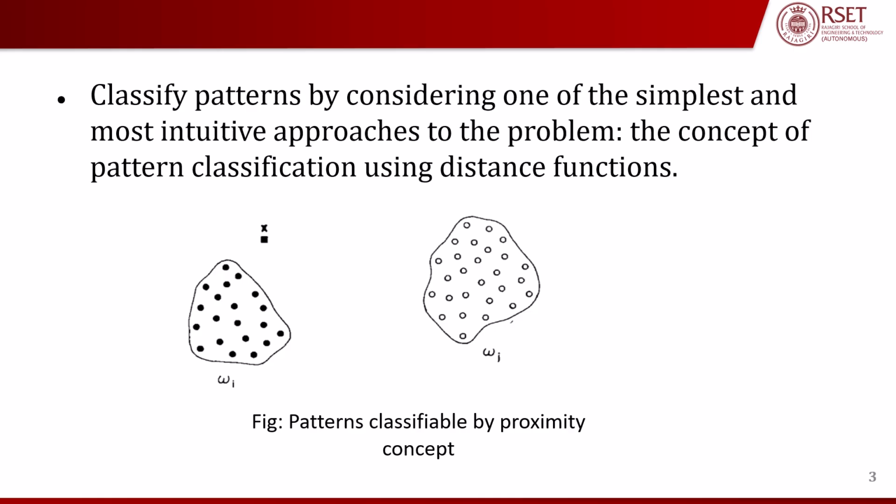You might have taken the nearest point to x from omega I and the nearest point to x from omega j, and whichever distance is the shortest, you would pick that cluster as the one to which x belongs. And here, yes, omega I is much nearer to x than omega j, but this is not always the case. It's not always that straightforward.